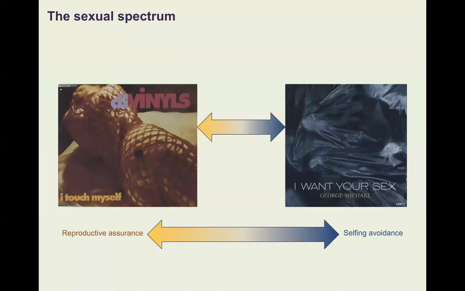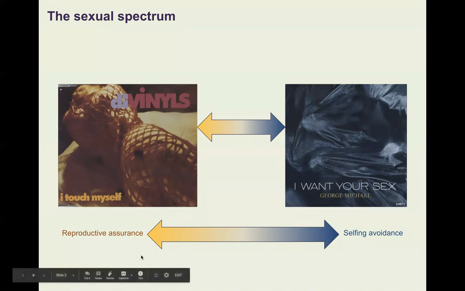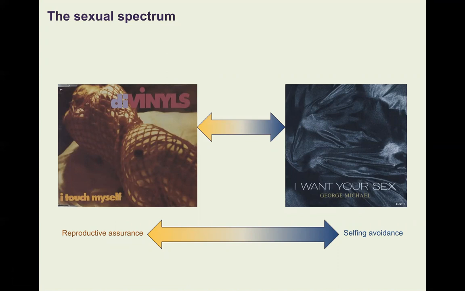Plants can fall on the side over here called reproductive assurance, which is basically making sure that they are setting seed, that they're getting fertilization done, really regardless of who it's with, and sometimes, as it's possible in flowers, doing that with themselves. So here we have the 'I touch myself.' On the other end of the spectrum is 'I want your sex.' So we have plants that are maybe insisting on reproducing with other individuals.